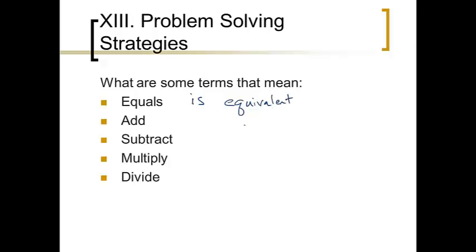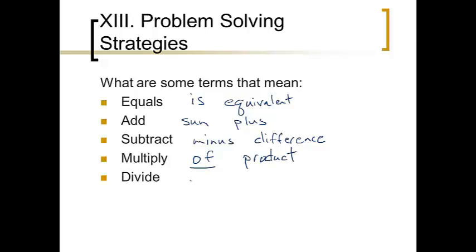Add, you can say sum or plus, etc. Subtract, you might see the term minus, difference. Multiply, a key one, "of." If they say something is 2/3 of 5, then that means you're taking 2/3 times 5. And product, etc. Divide, "per" is a key one. And hopefully as you go along you'll find a couple more also that show up.